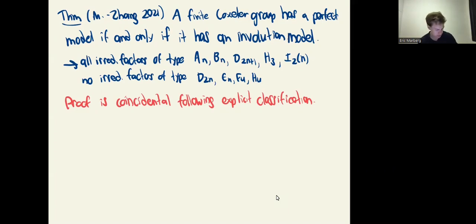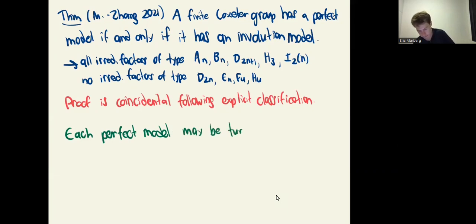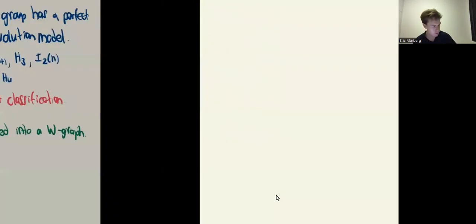So each perfect model also gives rise to a W-graph. Each perfect model may be turned into a W-graph, and the construction is as follows. We'll need to state a theorem.